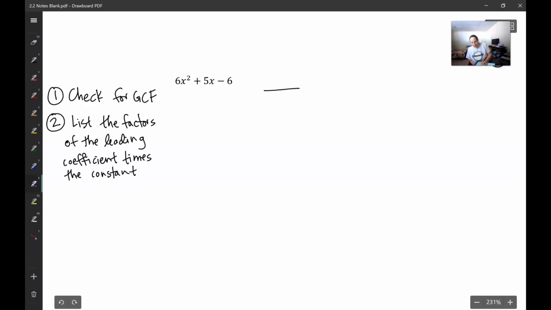So now I'm going to take the leading coefficient, which is the number in front of your x squared, and I'm going to multiply it by my constant, and that is what I'm going to list my factors of.